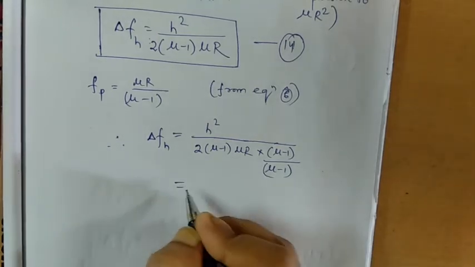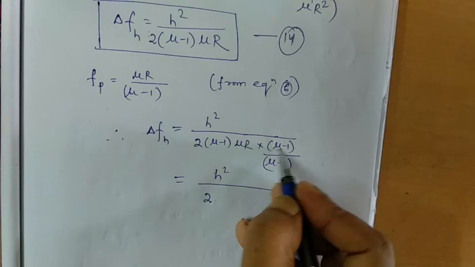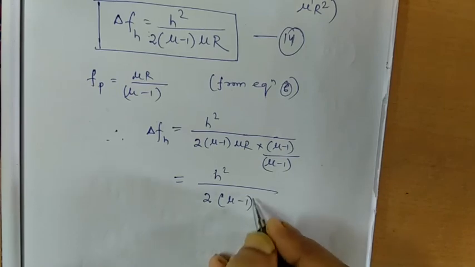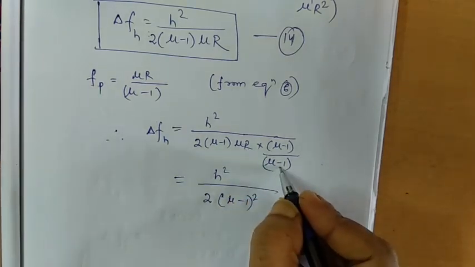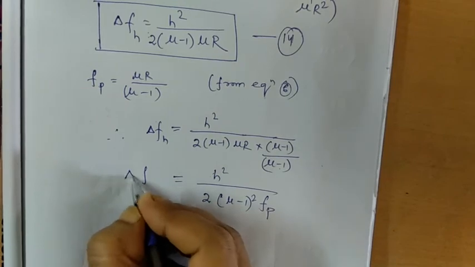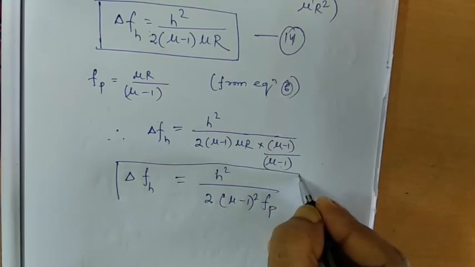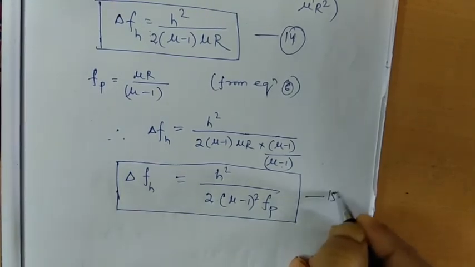So you can write this as h square divided by 2 into (mu minus 1) square, and mu r divided by (mu minus 1) gives you f_p. So this is how your del f_h can be denoted in terms of f_p. So this is equation 15.